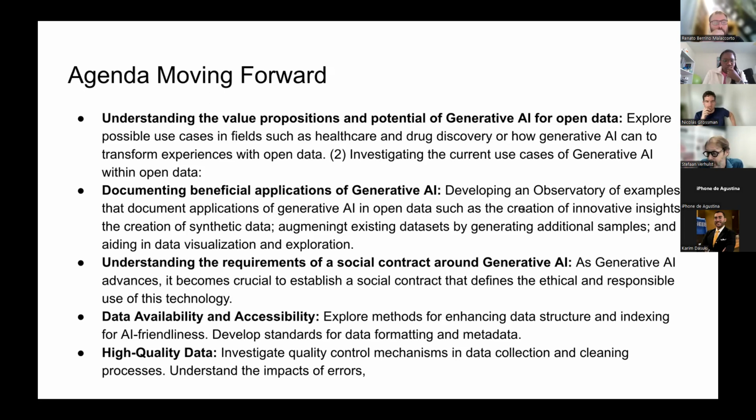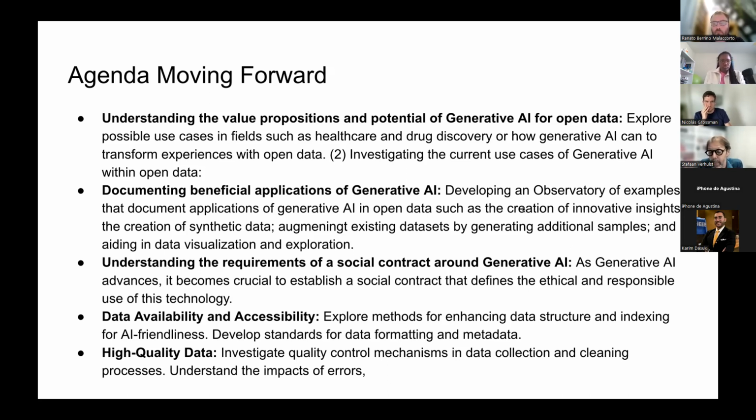And it would be interesting to have a kind of generative AI meeting where everyone brings their example and how they have been using generative AI for open data. But also we need to document the benefits, but also the challenges of generative AI. We need to understand the requirements for a social contract.